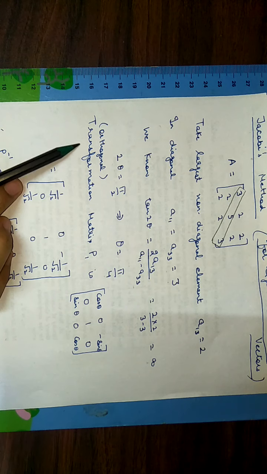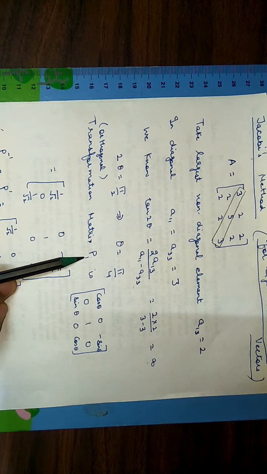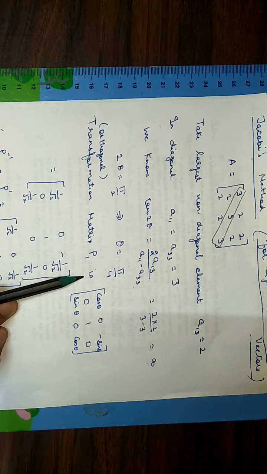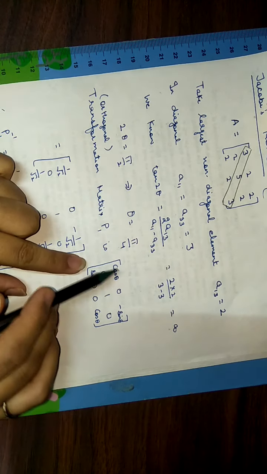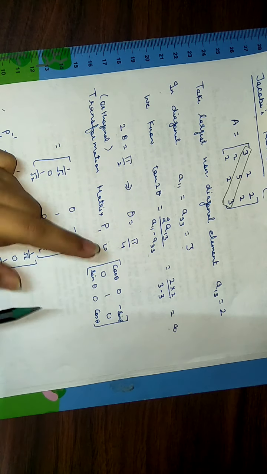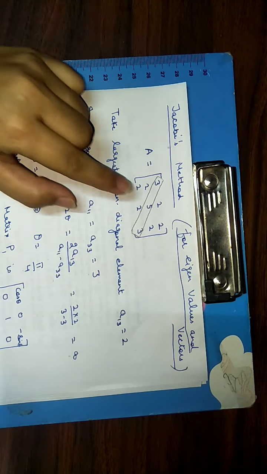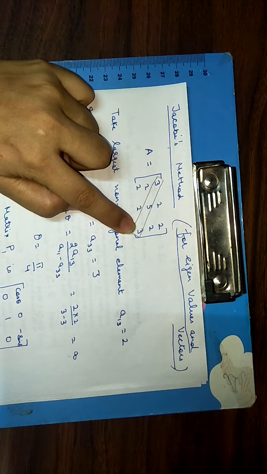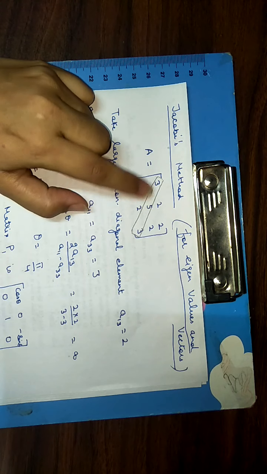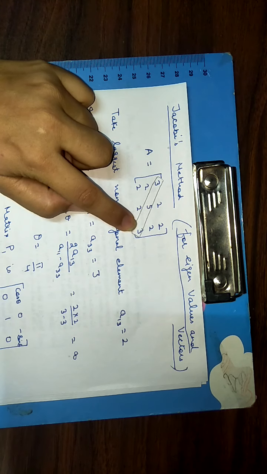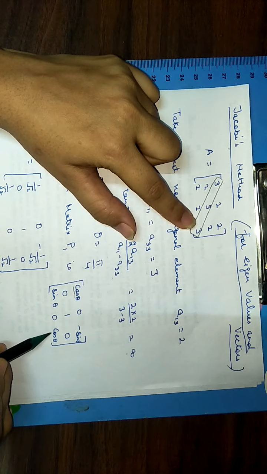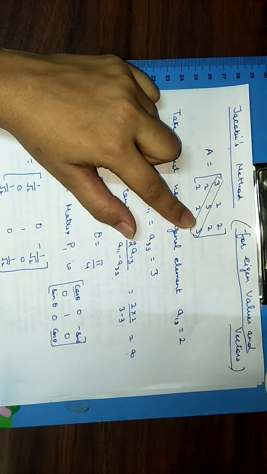Next we find the transformation matrix P1, or orthogonal matrix P1. Here we take it in this form. Now in the diagonal element row, which are equal, that are A11 and A33, here we take cos theta, cos theta.